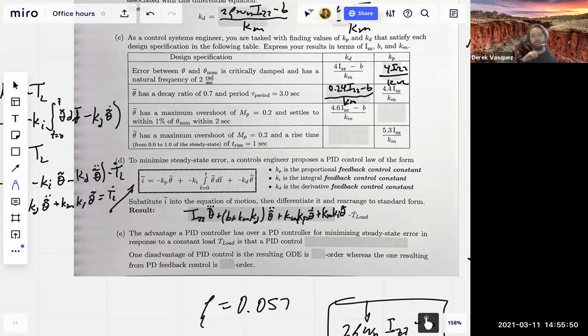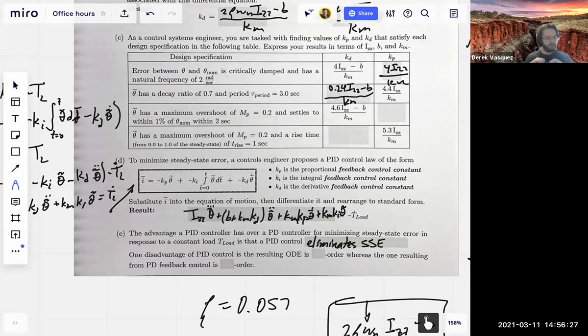And that's because if you're integrating your error over time and your input force is proportional to that integral, if you have an error, then that integral is just going to keep getting bigger and bigger. And so you're going to keep increasing your input torque until that integral stops growing, which is when you have 0 steady state error. So it eliminates steady state error, SSE.